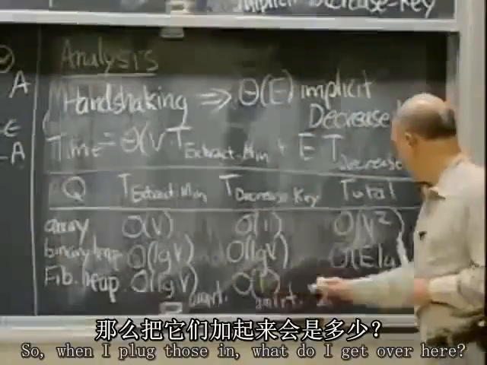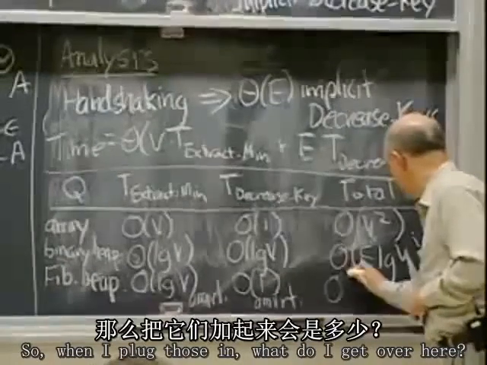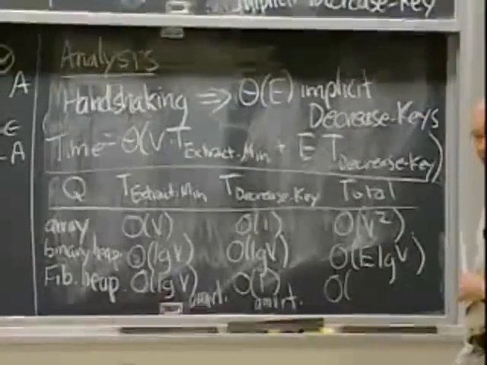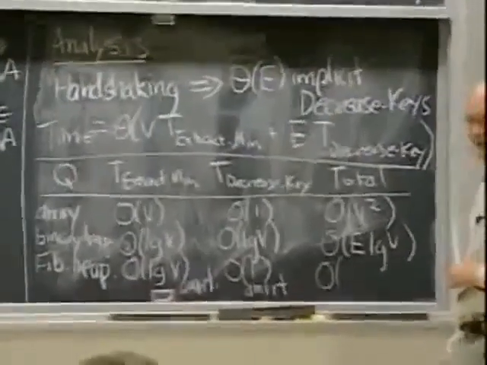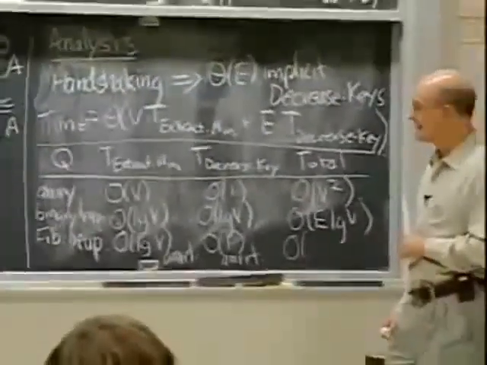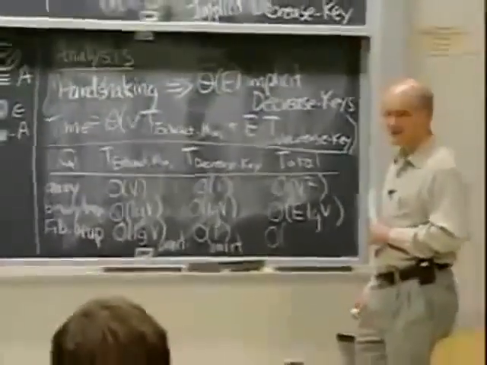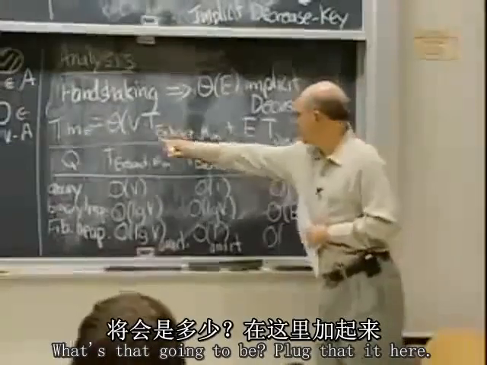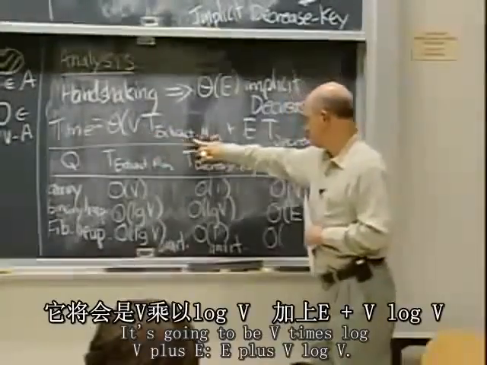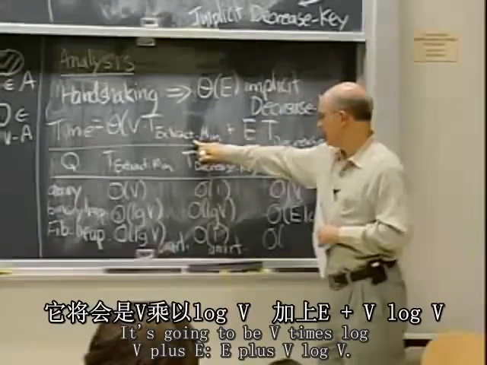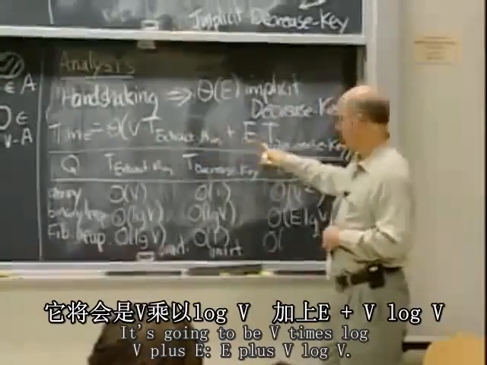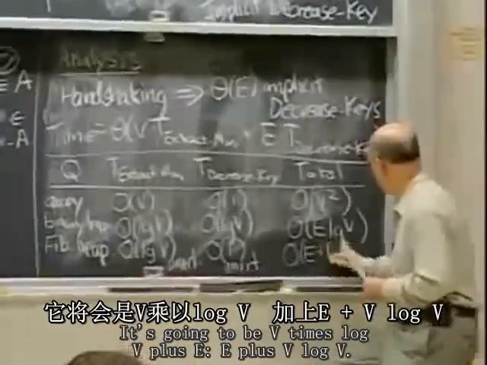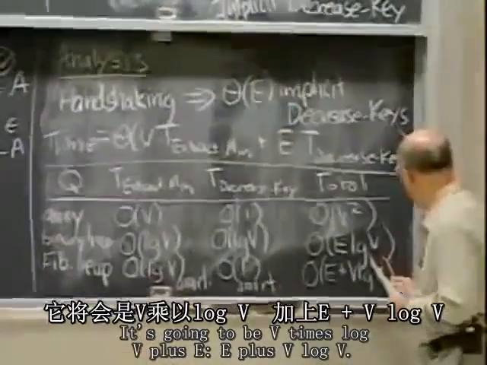So when I plug those in, what do I get over here? What's the total going to be? It's going to be V times log V plus E. E plus V log V.